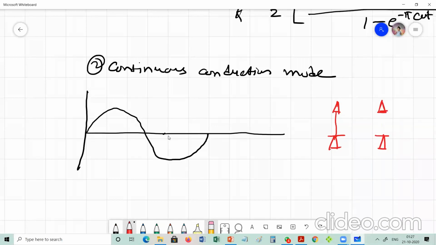Continuous conduction mode means the current never reaches zero value. It means the back EMF effect is not dominant. The armature inductance on the load side is enough to maintain constant current throughout the operation. It means we have to assume the armature inductance is very high.